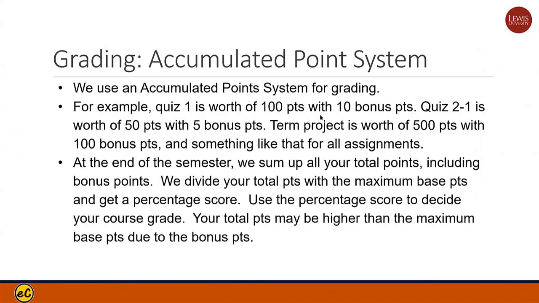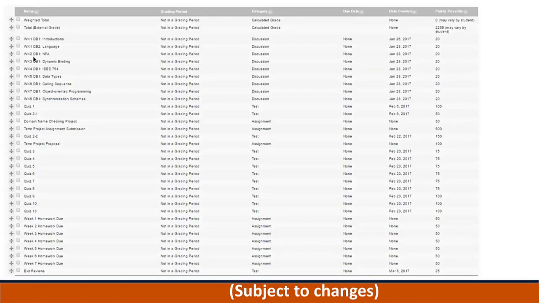So next is talking about the final grade. We do have a lot of homework and tests and discussion board. Each one of them has some points, say discussion 20 points, quiz maybe 100 or 150, whatever. And then you have quiz, homework, and you have 10 projects.